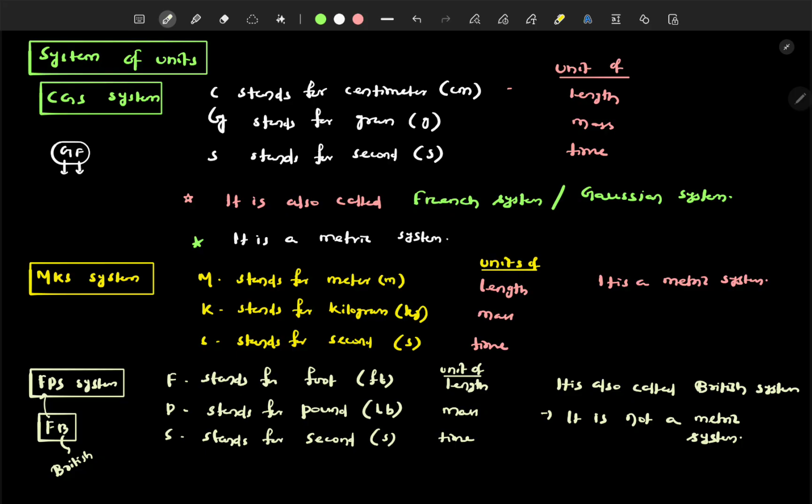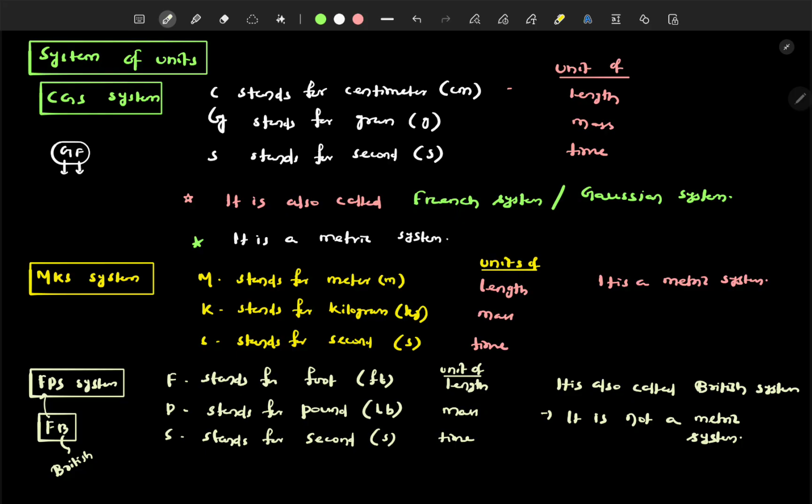Next, remember that in different regions or locations they use different systems of units. Suppose in one location the CGS system of unit is accepted, and in another region the MKS system is used. What is the difficulty faced? It concerns import and export.